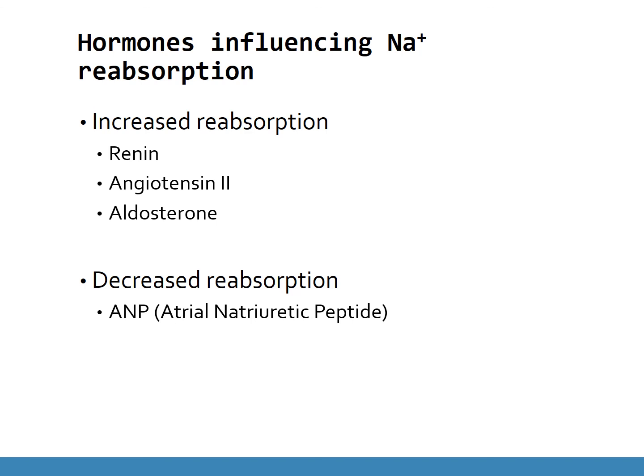Now those hormones which increase sodium reabsorption will lead to a decrease in the production of urine, and those hormones which decrease reabsorption, like ANP, will lead to an increased production of urine.